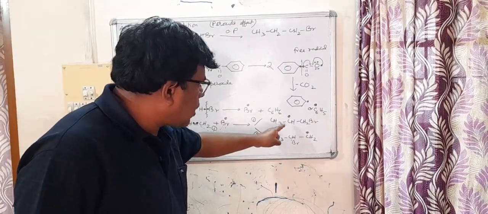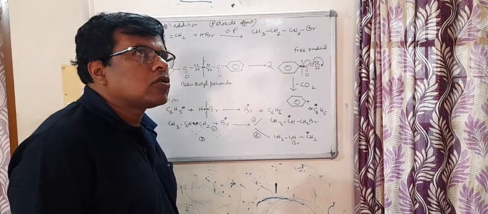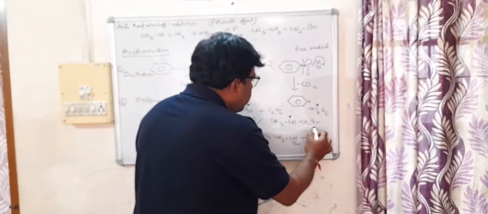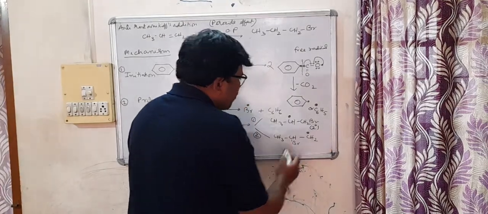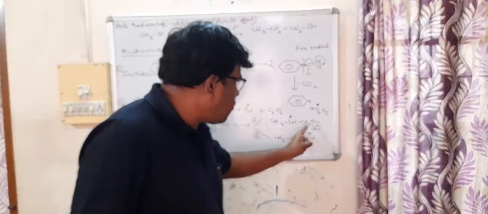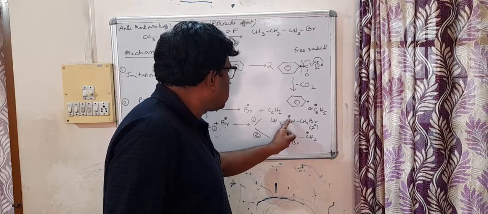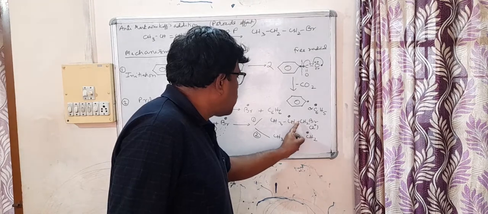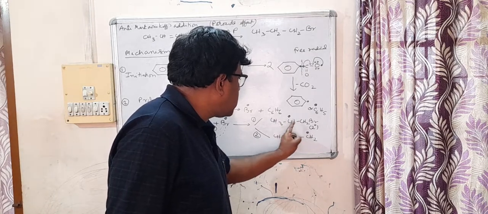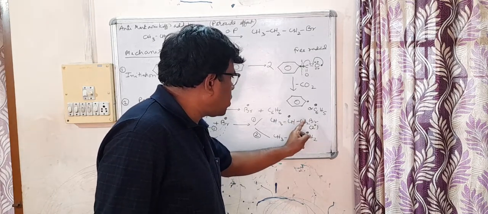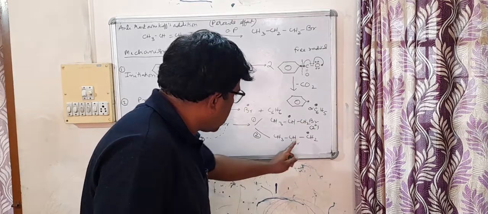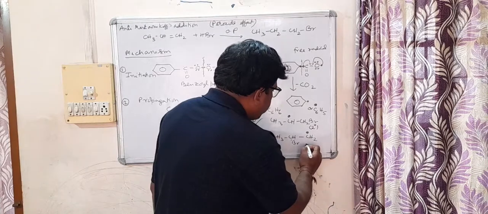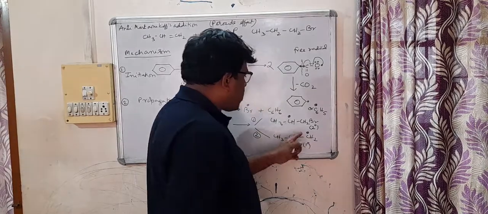You can see that free radicals are also of different degree. This is a 2-degree or secondary free radical, because the carbon having the free radical has 2 other carbons on the other side. And this one is a 1-degree or primary free radical.